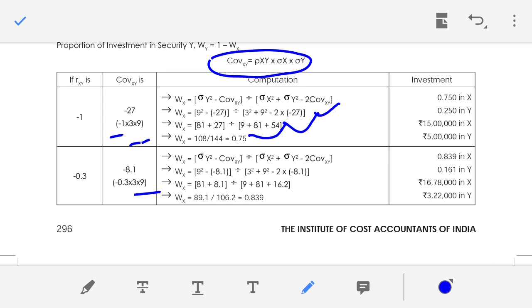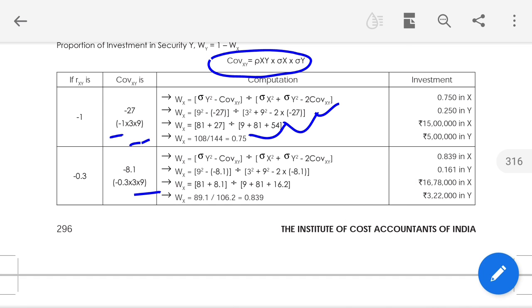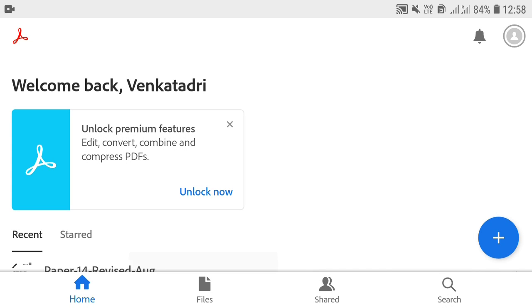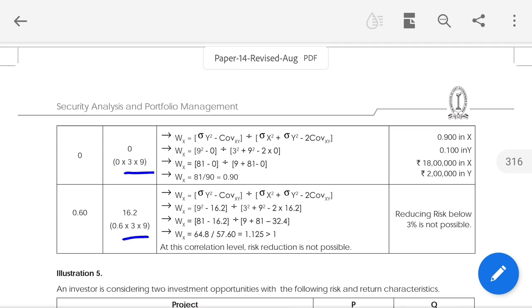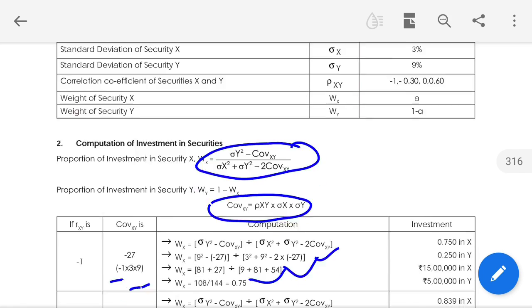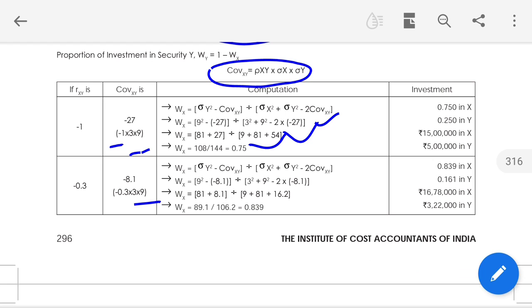These are simplifications. We'll get 0.75. Since we know the weight of X, we can easily calculate the weight of Y. Weight of Y is equal to 1 minus weight of X. So weight of X is 0.75, and ultimately weight of Y will be 0.25.